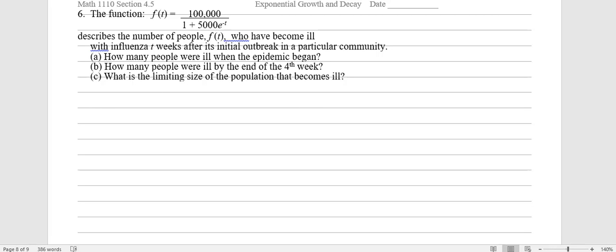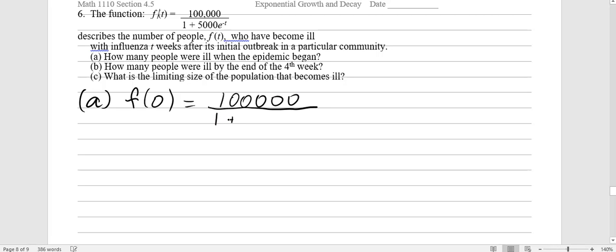So for part A, we are actually replacing t with 0. So we have 100,000 divided by 1 plus 5,000 e to the negative 0. And we know e to the negative 0 is e to the 0, which is simply 1.